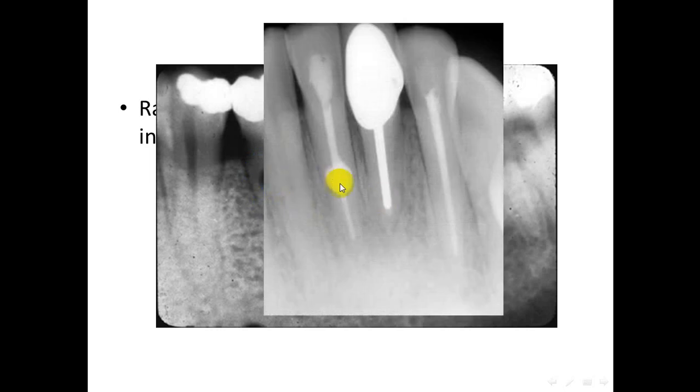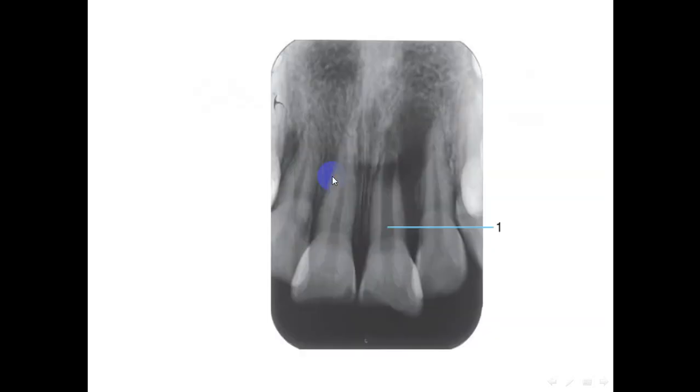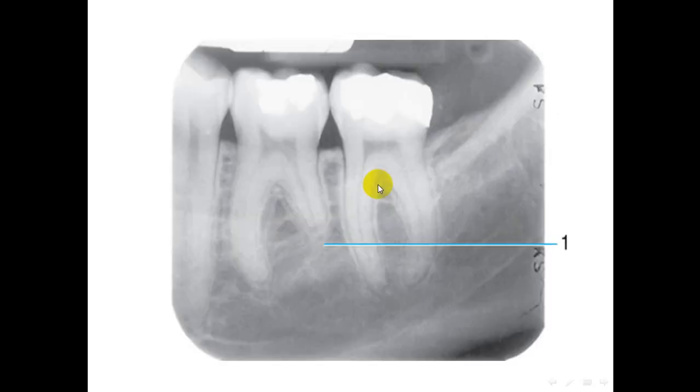This tooth is difficult to treat with endodontic treatment because it is difficult to fill this resorbed site with obturation material. Also, this is some type of internal resorption that involves all the canals.